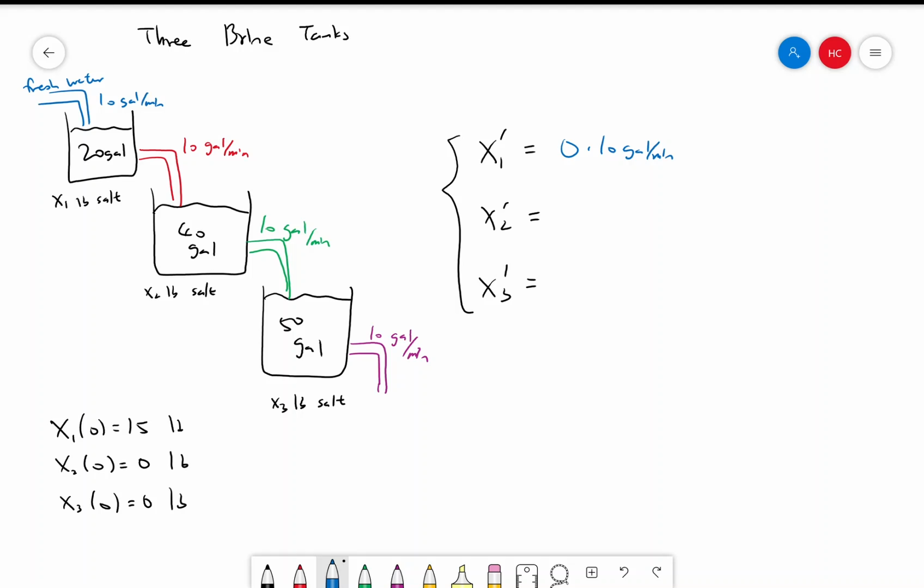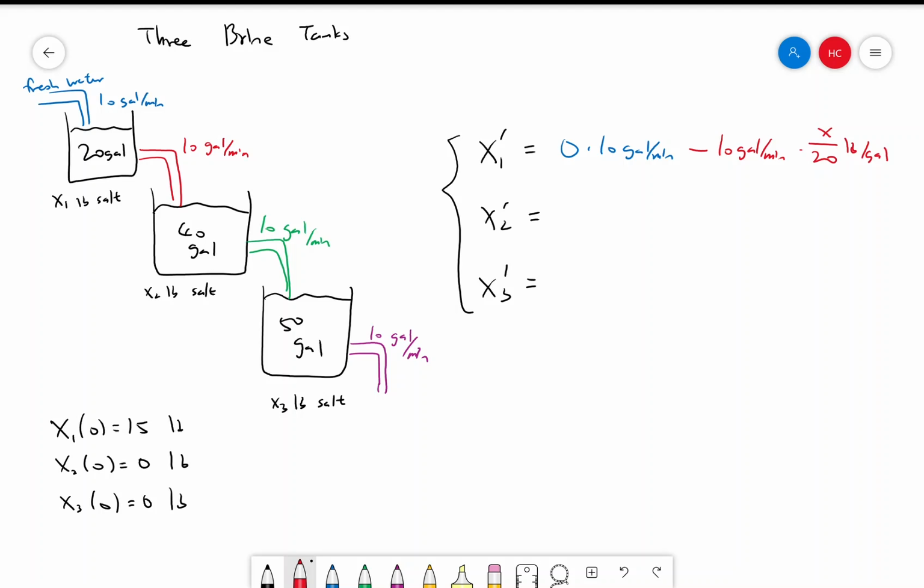I don't even know why I'm writing it down because it doesn't really contribute anything. And the amount of salt leaving is minus 10 gallons per minute multiplied by the concentration of salt in the first tank, which is x1 over 20 pounds per gallon. So that's tank 1.